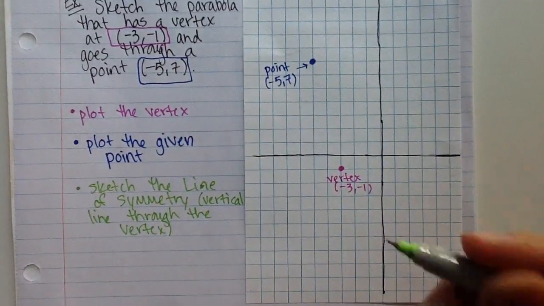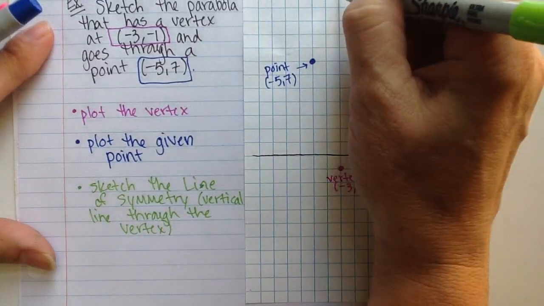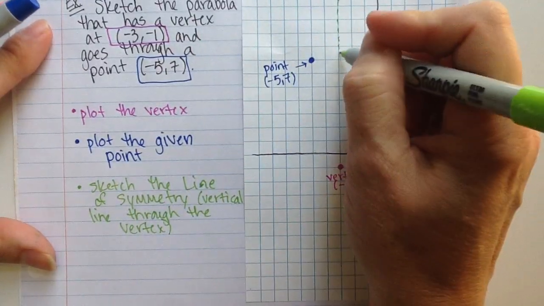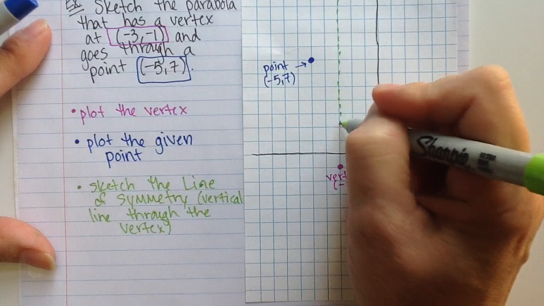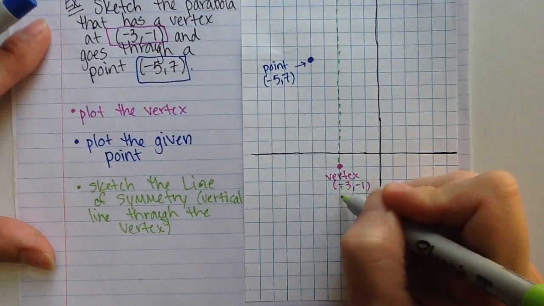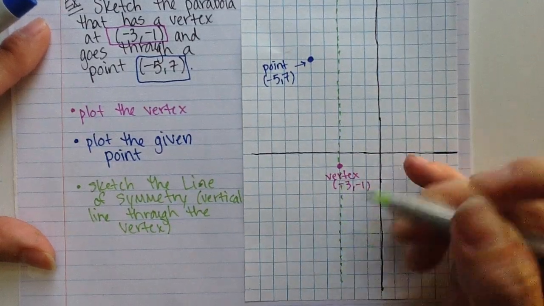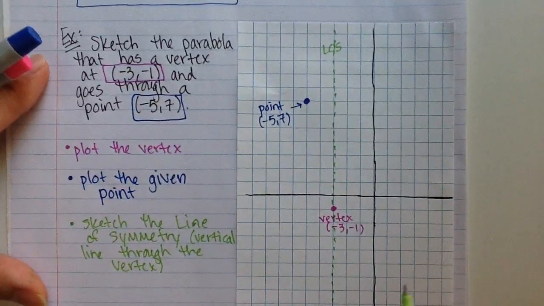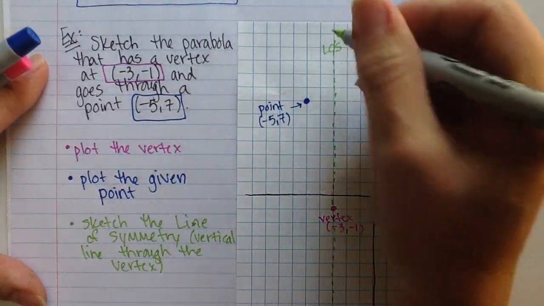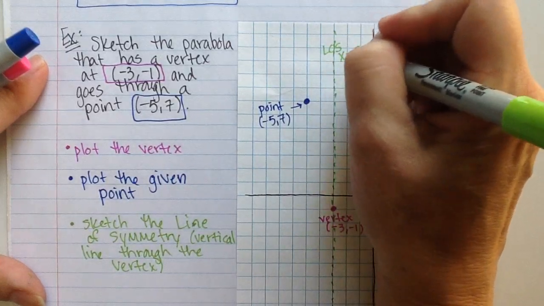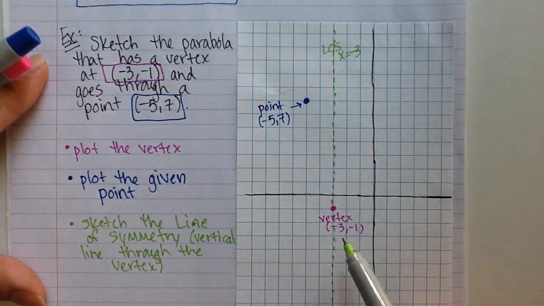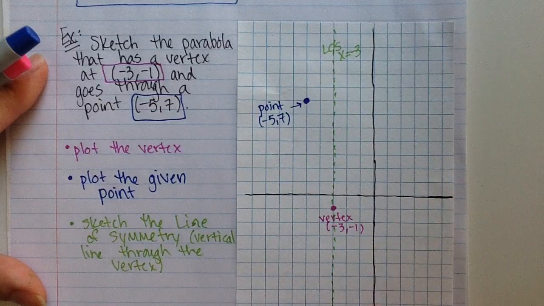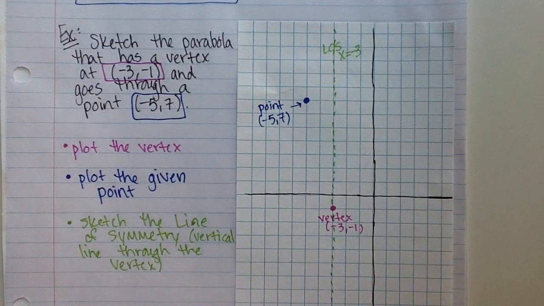So that's going to be a vertical line that goes through my vertex. And I usually draw those as a dashed line. So there's my line of symmetry. And it happens to be at x equals -3, if you need to know that, because it goes through the x coordinate of the vertex. So x equals -3 is its equation.